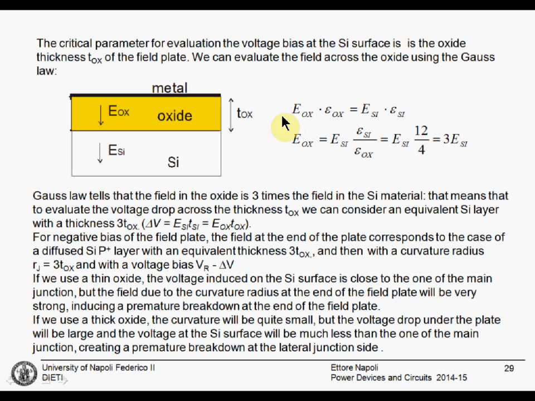This Gauss law tells us that the field in the oxide is 3 times the field in the silicon. This means that we can evaluate the voltage drop across the oxide thickness considering an equivalent silicon layer whose thickness is 3 times the thickness of the oxide.